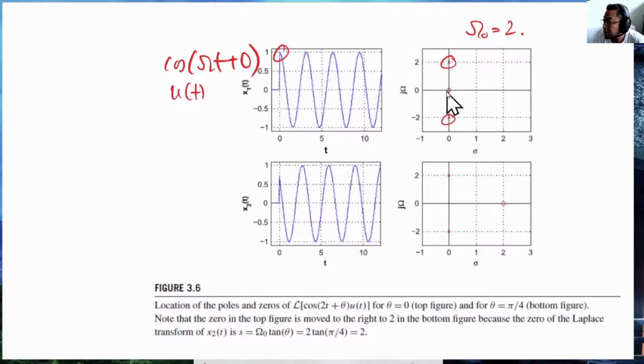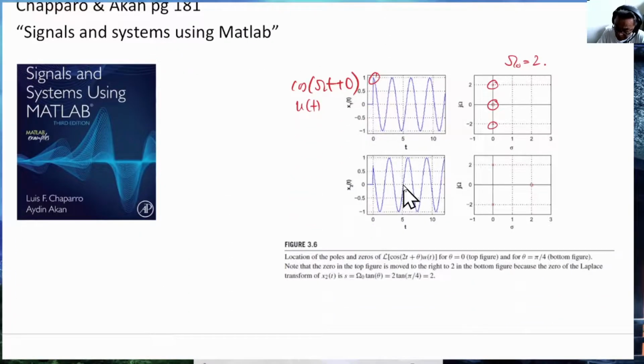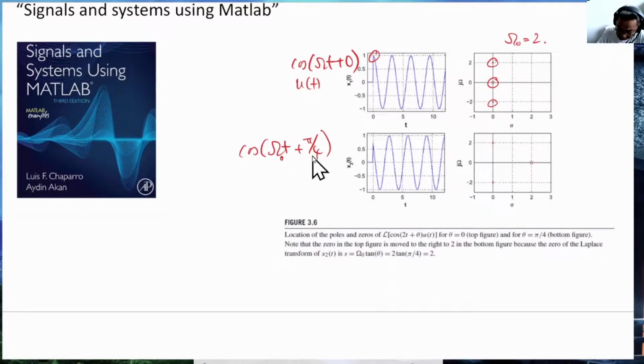At theta equals 0, the zero is at the origin, because when theta equals 0, sine of 0 is 0, so it is omega naught times tangent 0, which is 0. Now the other one is cosine omega naught t plus pi over 4, with omega naught equal to 2.